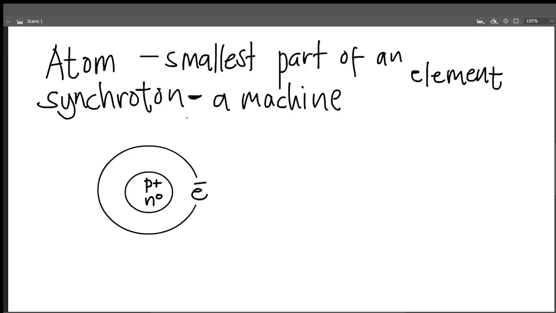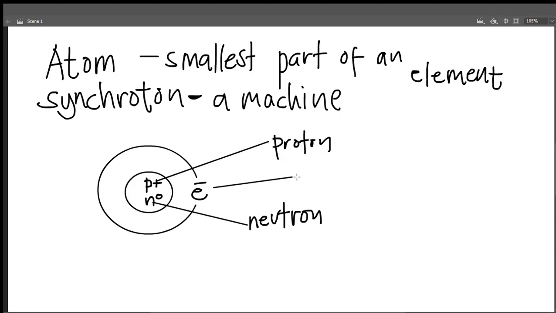So we have here what is known as proton, and this one is neutron, and the last one is electron. Okay, so these are the parts of an atom.